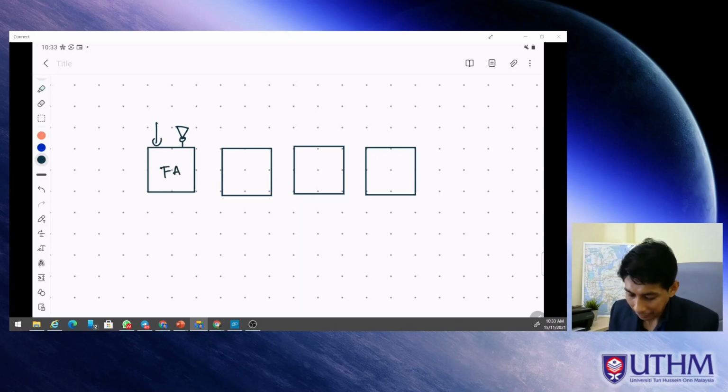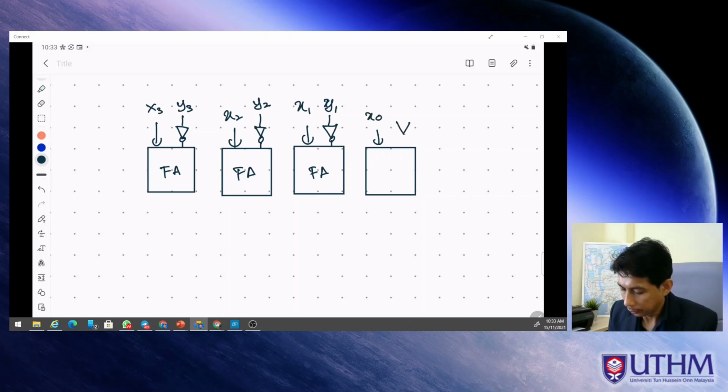Because we have full adder and we have the not gate here, and this not gate is actually to get the second complement of y. If this is x3, y3, this is x2, y2, x1, y1, x0, y0.